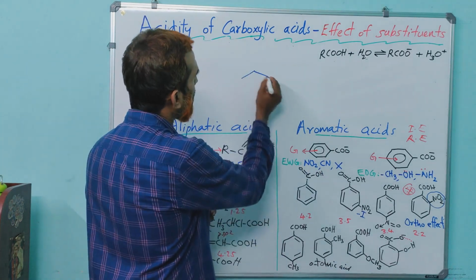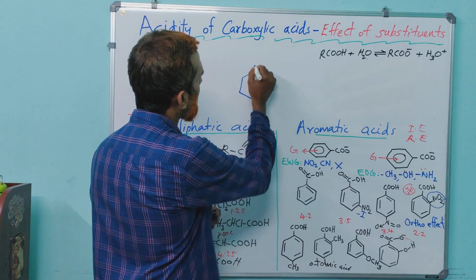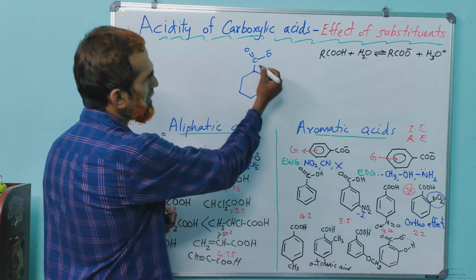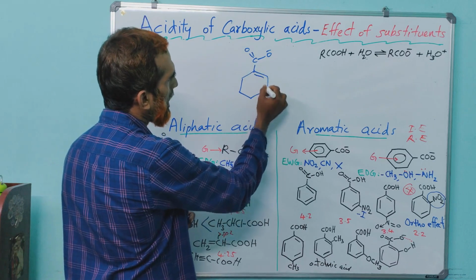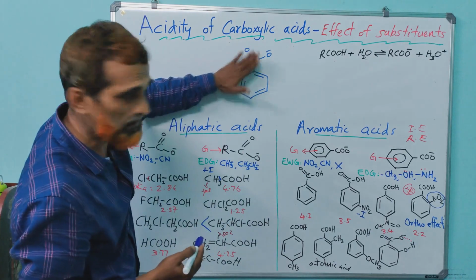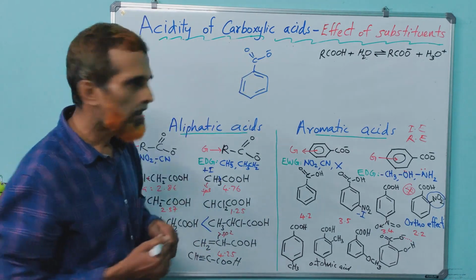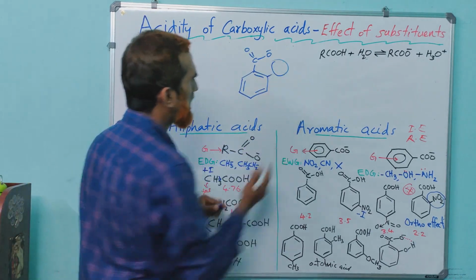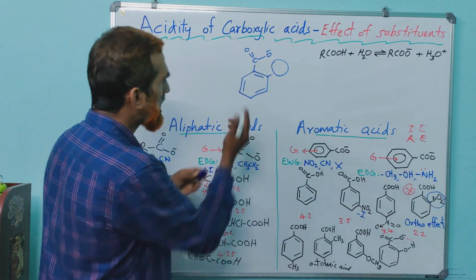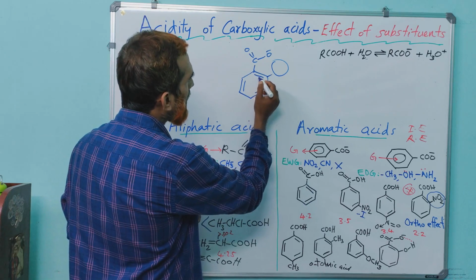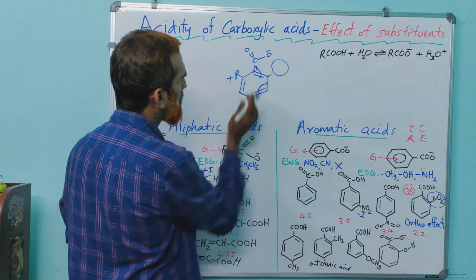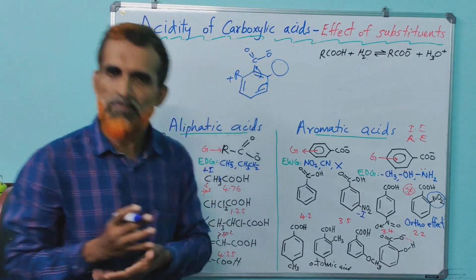Generally we know in benzoic acid this C double bond O and the aromatic pi electron ring are coplanar, so that there is conjugation. But when a bulky group comes here, this will rotate and remain out of plane, so that the electron release from the ring, this is a kind of plus R effect from the ring, is prevented.